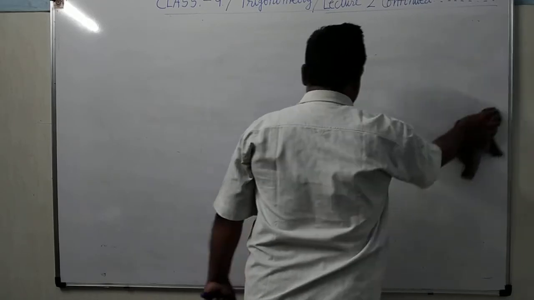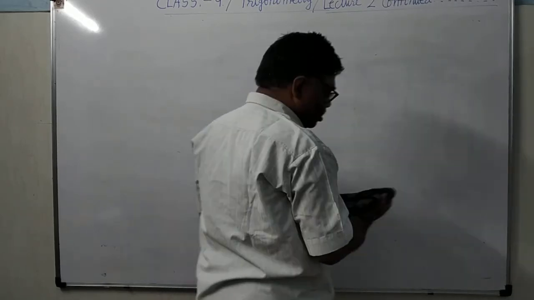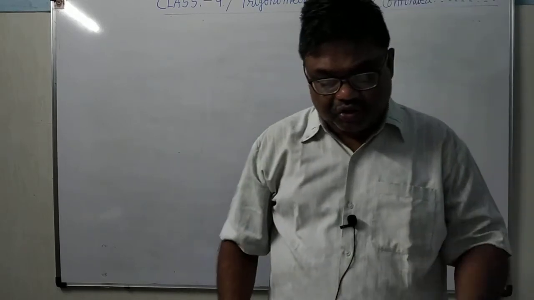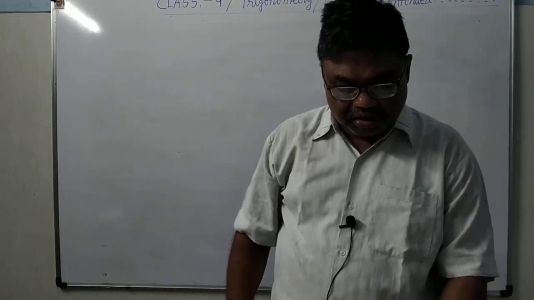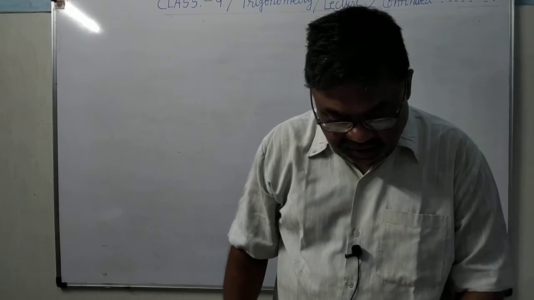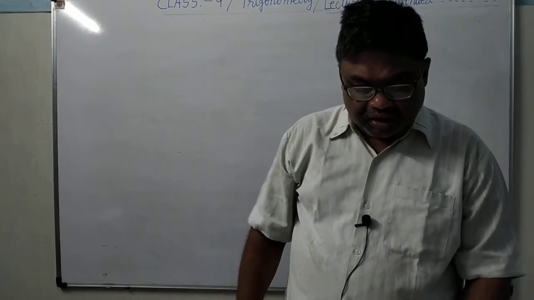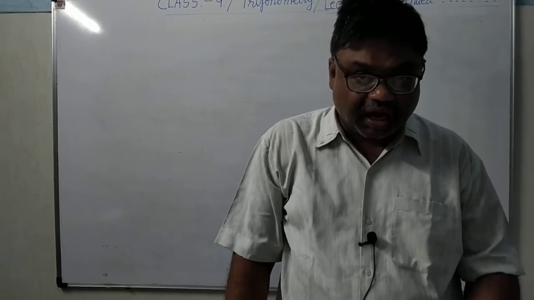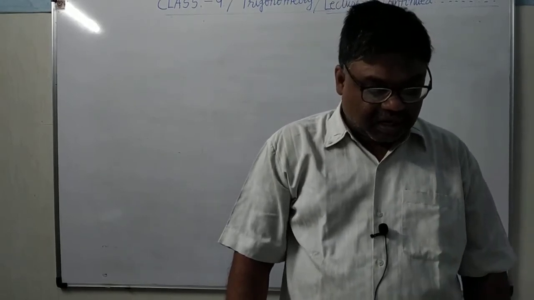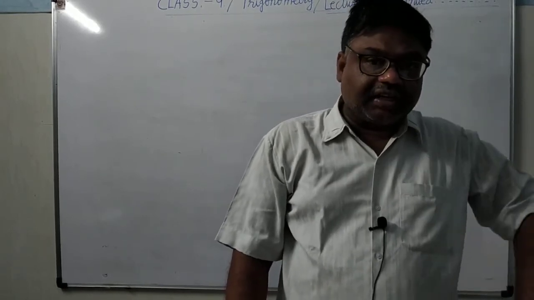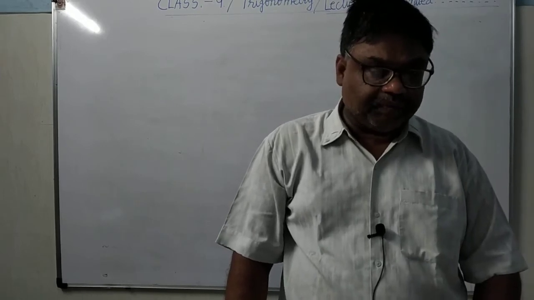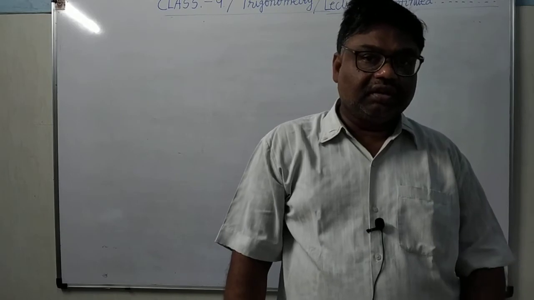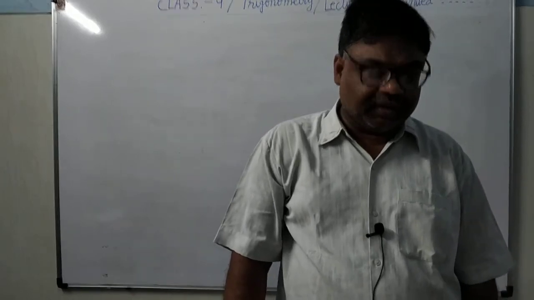From question number 9 to question number 18, all are of similar type. All the 10 questions are of same type. Now, how will you do these questions? So, I am going to explain that.